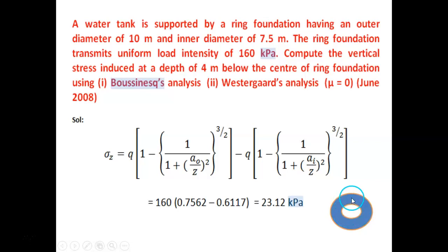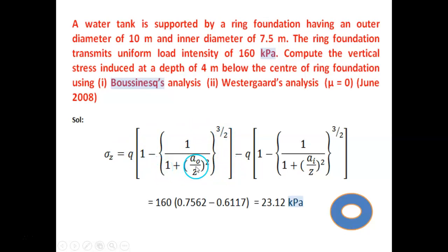The load is acting only on this blue portion of the ring. So how to estimate the increase in stress due to this load? Initially we have to assume that the load is acting over this entire area including this cavity. Then we will be getting the increase in stress using the circular load equation.